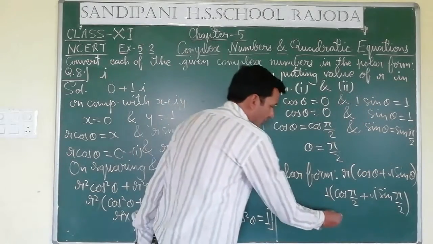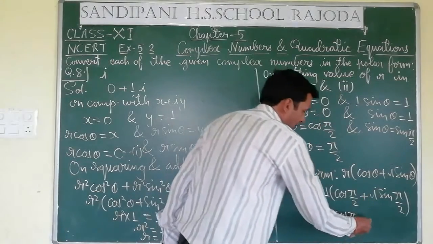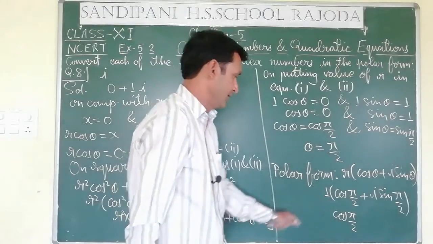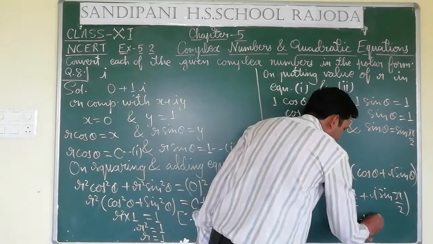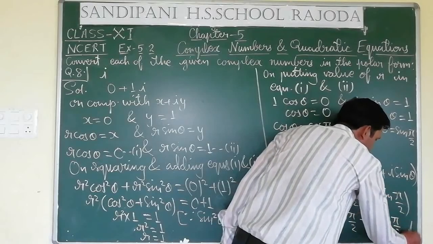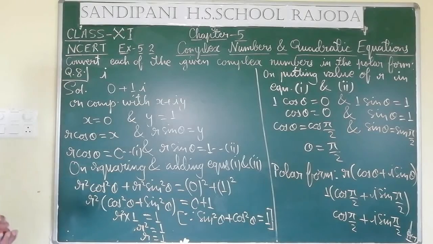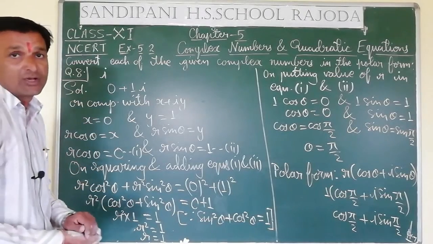Or you may not write the 1 also, because 1 into something is that particular value only. So cos pi by 2 plus i sin pi by 2. This is the polar form for question number 8, and now this exercise 5.2 is over.